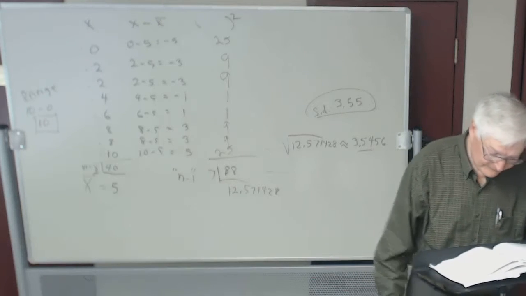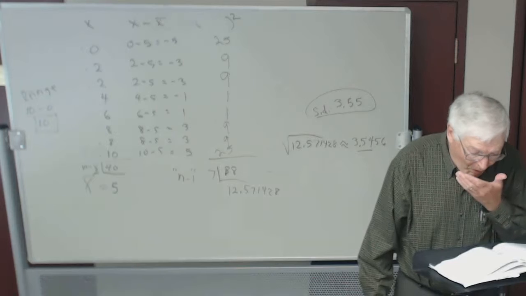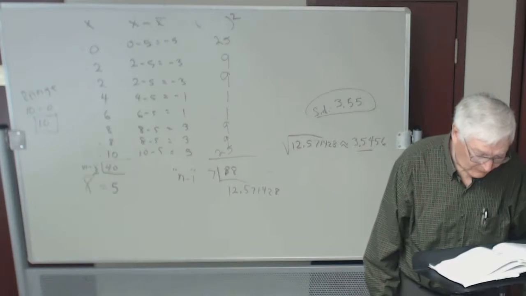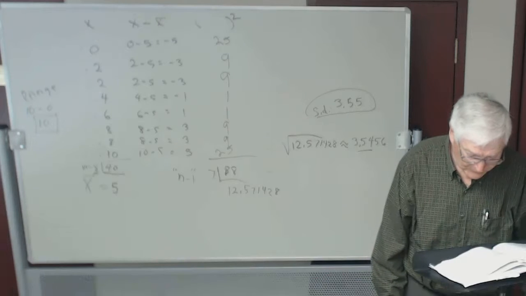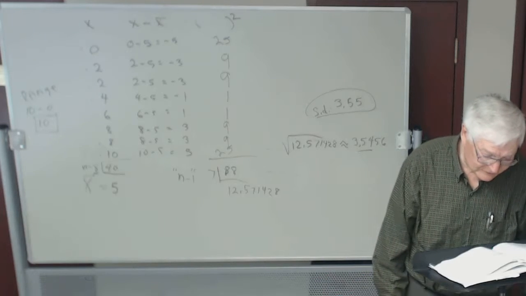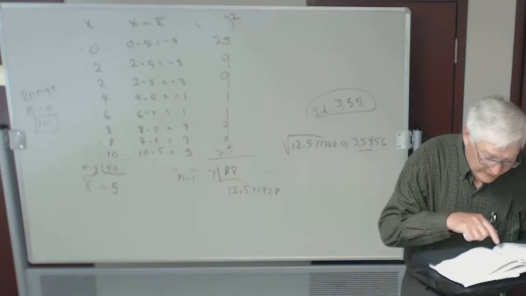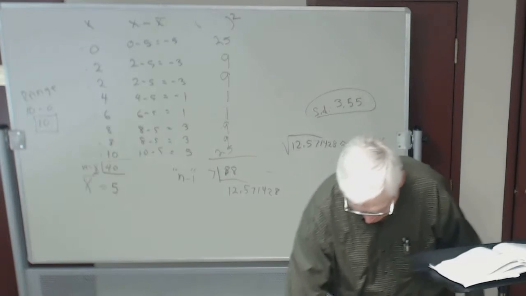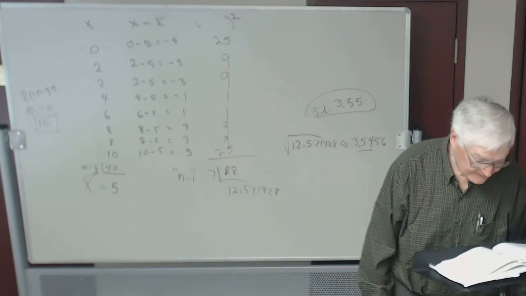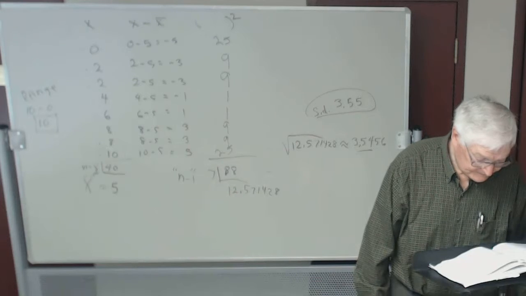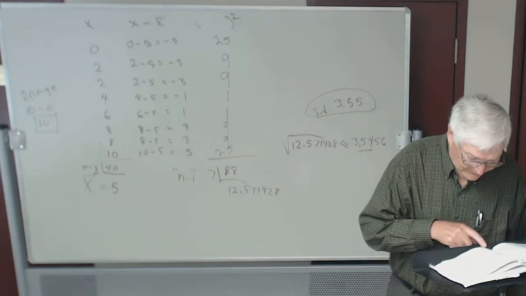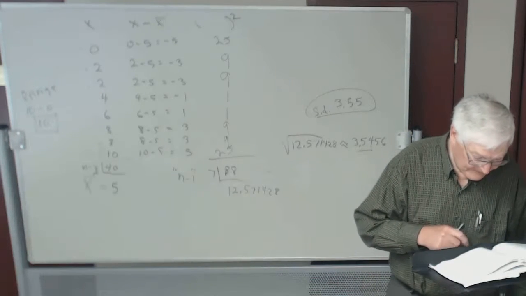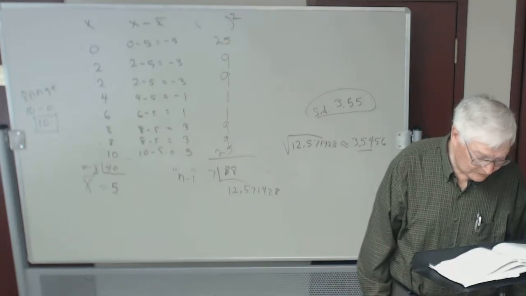Problem number 12. Suppose that the 4 students who scored lowest on the test, do they already have the numbers in order? For problem 11, it says use the information from problem 11 and drop the 4 lowest scores.